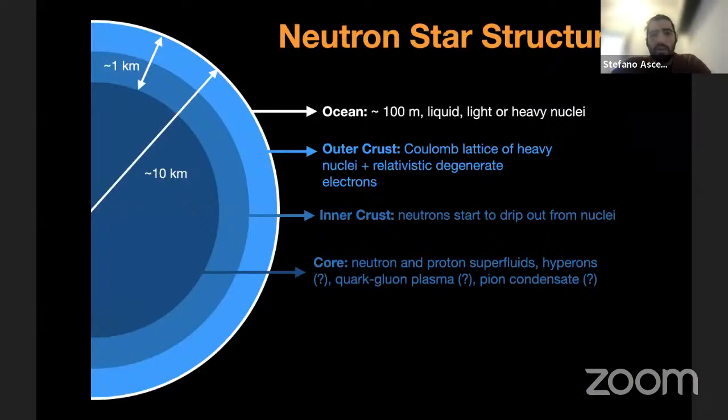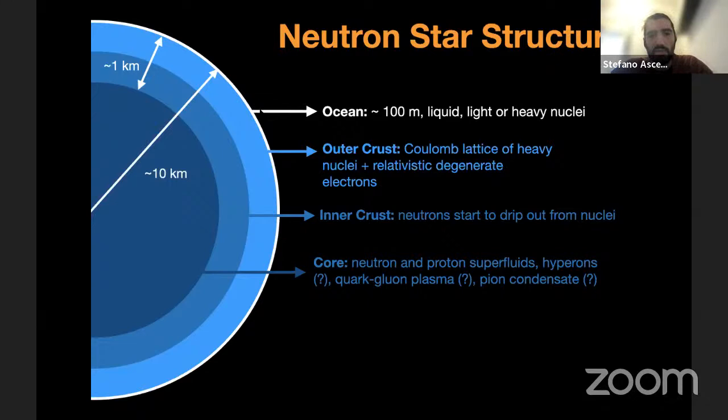And for our work, it's very important also to discuss the internal structure of a neutron star. Neutron stars are almost a perfect sphere. Their deviation from spherical symmetry is very low, and so basically the mass and the chemical composition distribution is almost spherical, and we can think about them as composed of spherical layers.